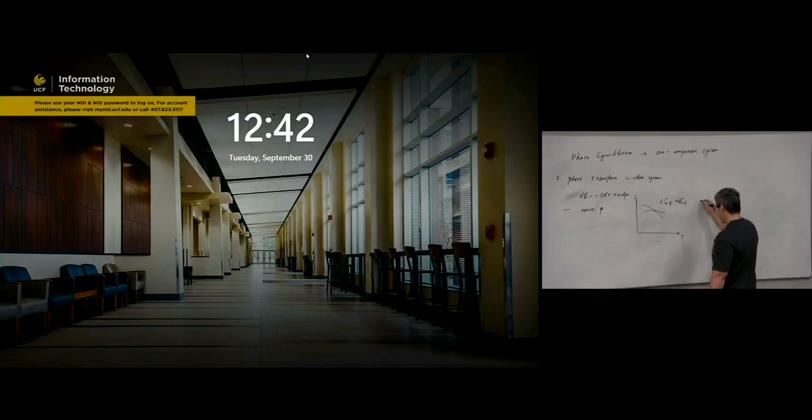Then what does it tell us? We know that G is H minus TS. Correct, everybody? Then dG equals dH minus d(TS), which equals dH minus T dS minus S dT.